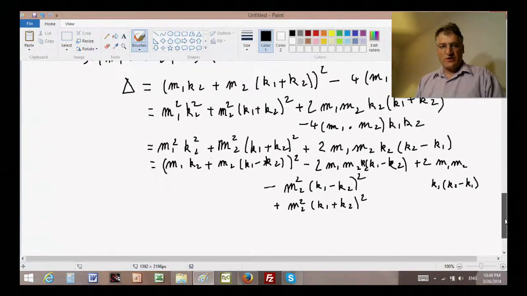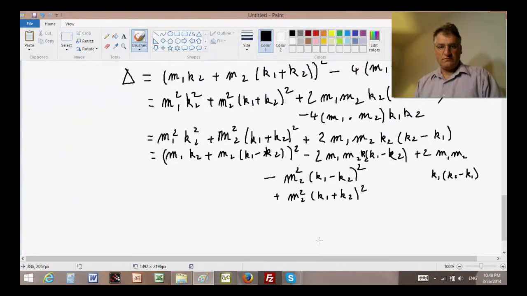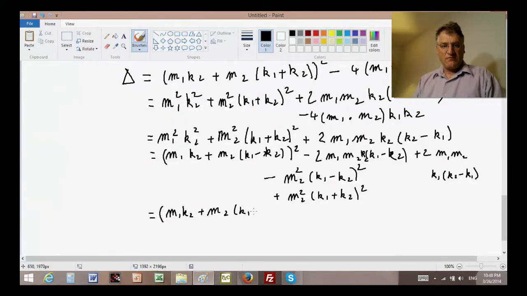I am not sure where this takes us, but the hope is to obtain a positive term only. So this becomes m1 k2 plus m2 times k1 minus k2 squared, and then plus all these terms.